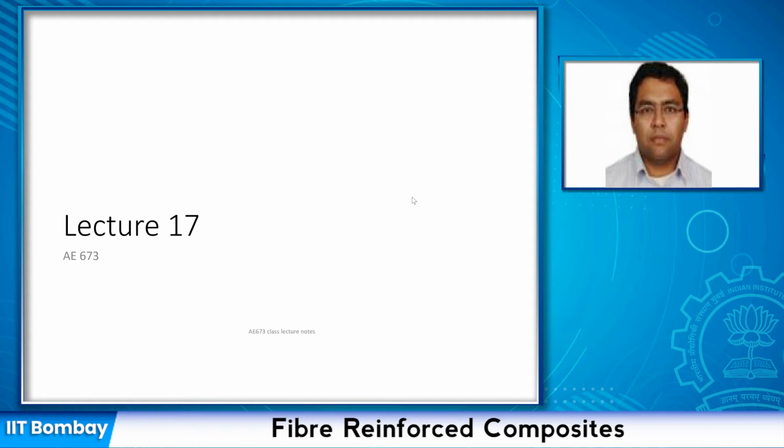When we stack different lamina, we can make a laminate. A laminate can have lamina of different orientations. Depending on the orientation, we will have to transform the compliance matrix of that particular layer into the global coordinate system. Or if you want to go from global to local, we need to know the transformations. So we looked at the transformations.